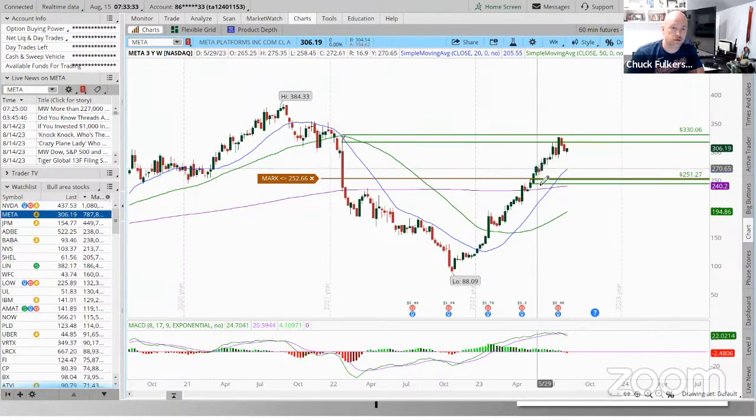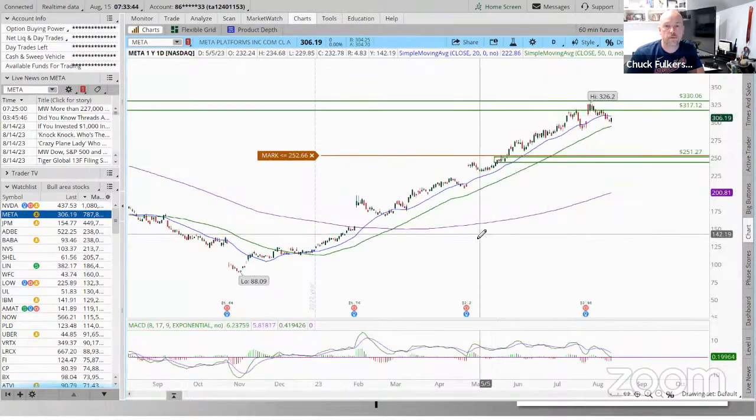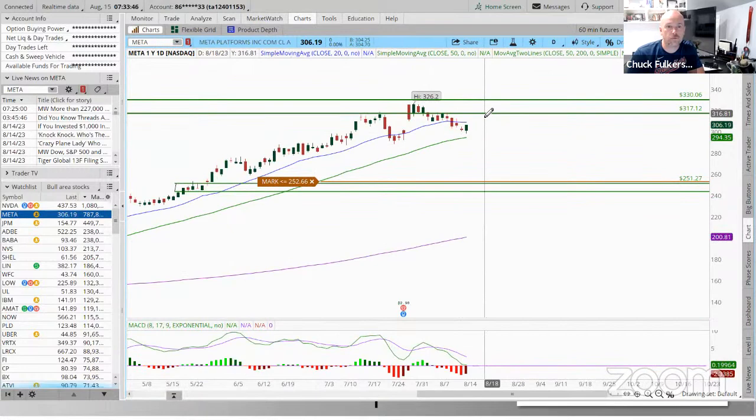And what stinks is when you see a big move in Meta up to here and you say, well, the better level is going to be down here, and then it shoots up another $100 a share because you didn't get in, right?